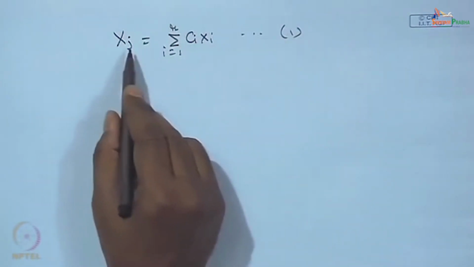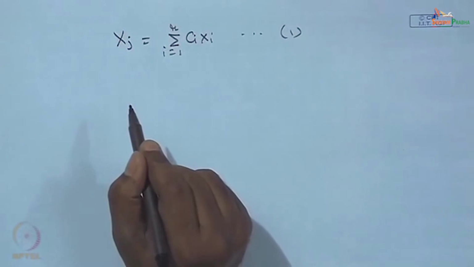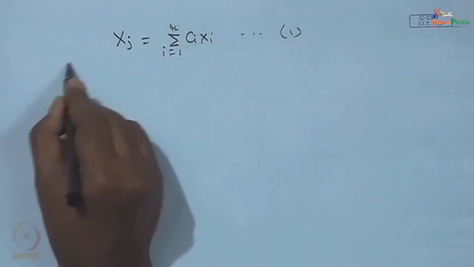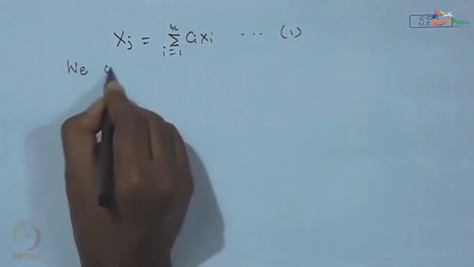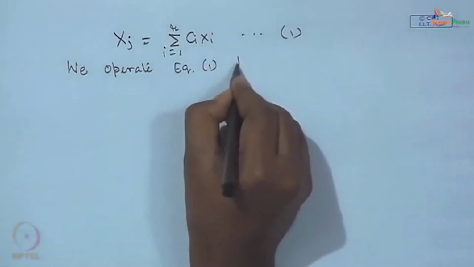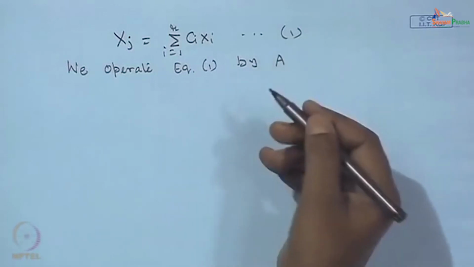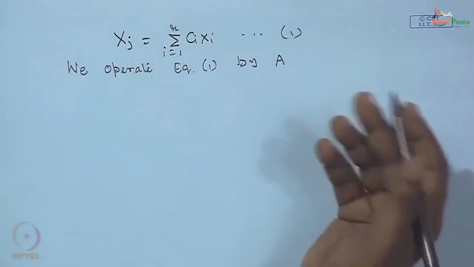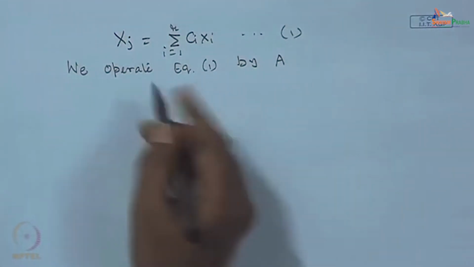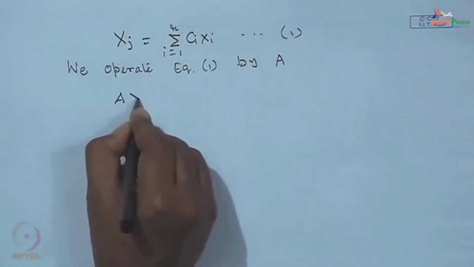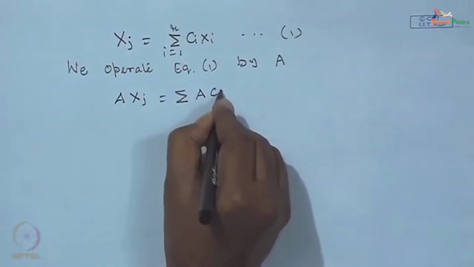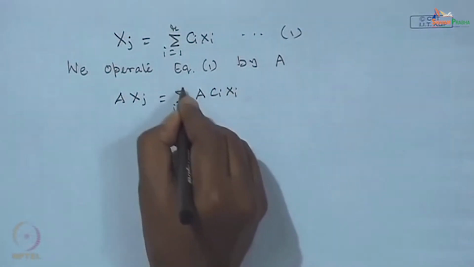We operate on this equation by the matrix A. We have seen earlier that a matrix is like a function, an operator, like differentiation is an operator when we differentiate both sides. So, we operate on equation 1 by A. Then A x j is equal to the summation of A c i x i, where i is equal to 1 to r.